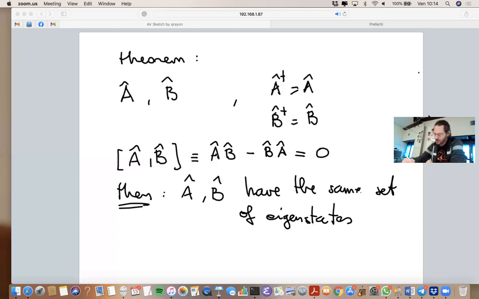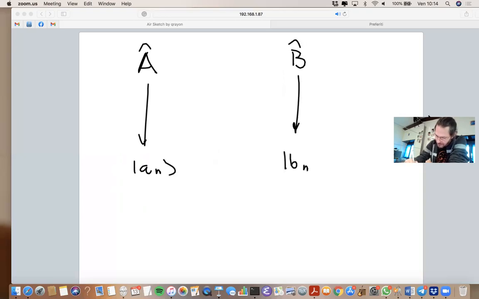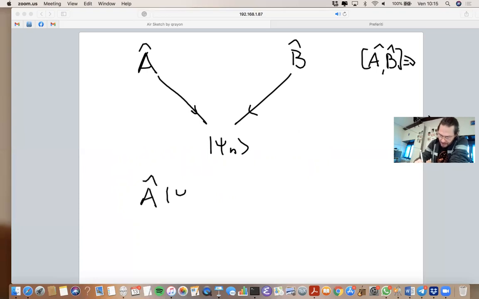I'm going to draw it as a picture. In general, A has its own states, say A_n, and B has its own states, B_n, and in general, they're different. However, if A and B commute, then there is a unique state, let me call it psi n, so that when I do A on psi n, I get A_n psi n.